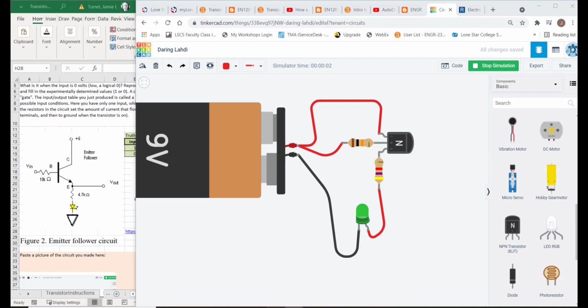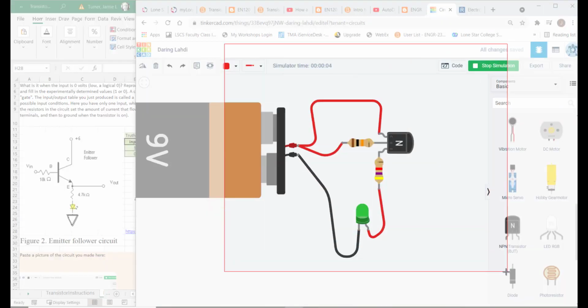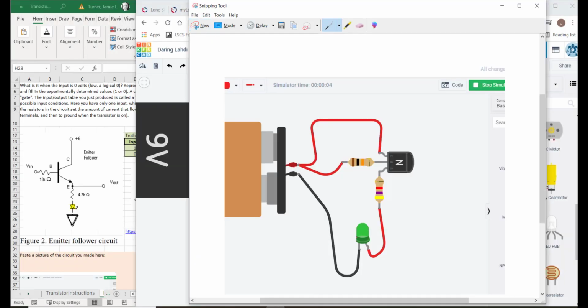Okay, so the point of all of this is I have turned that LED on or off, not by actually touching the collector to the emitter, so I'm not actually touching those wires together. I'm turning them on or off with a current. So this is what's going into my transistor, and this is representing what's coming out of my transistor.